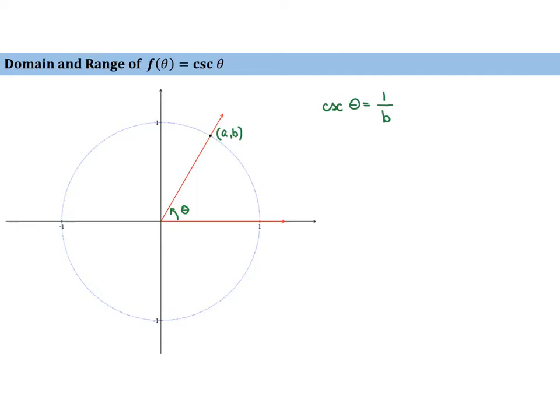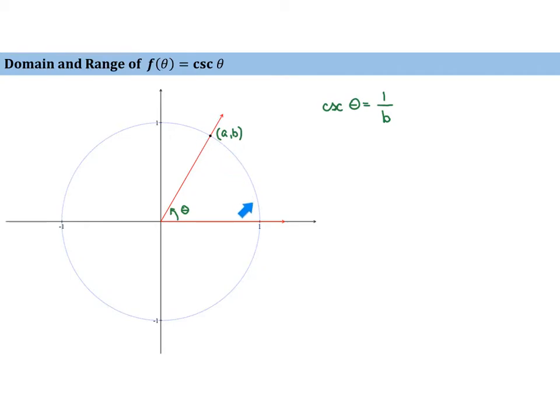So let's remember that cosecant of theta is r over b, but this is the unit circle, so r equals 1. So if cosecant of theta is 1 over b, what are the problematic values that we could face? If b equals 0, then this output would not be defined. So when is b equal to 0? Well, b is the y-coordinate of this point.